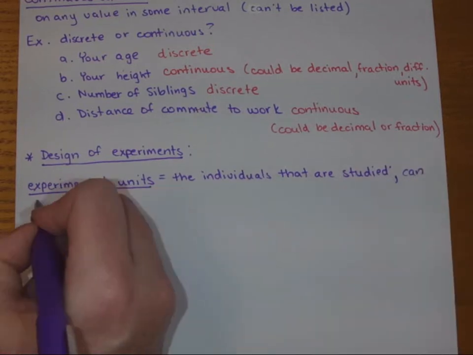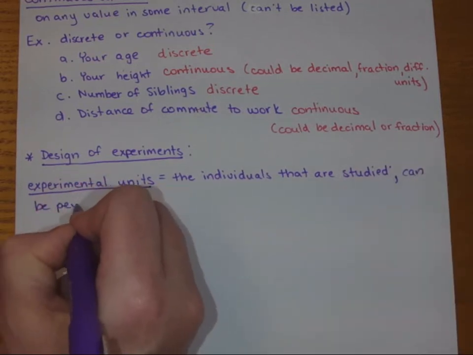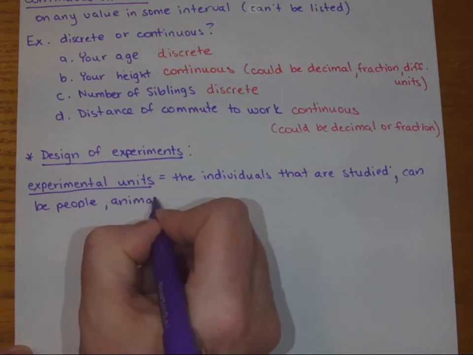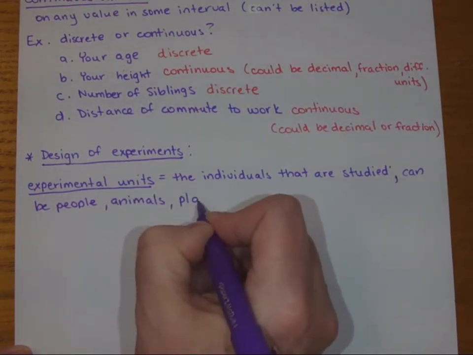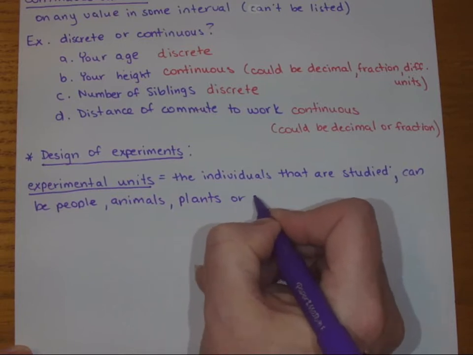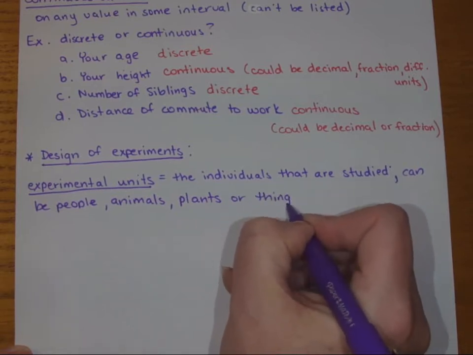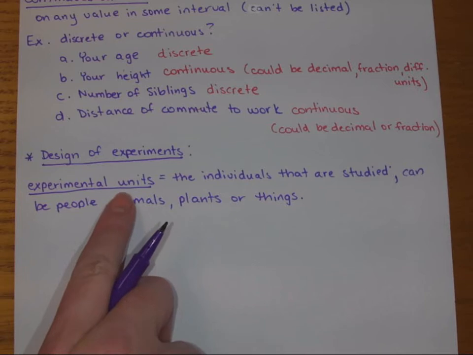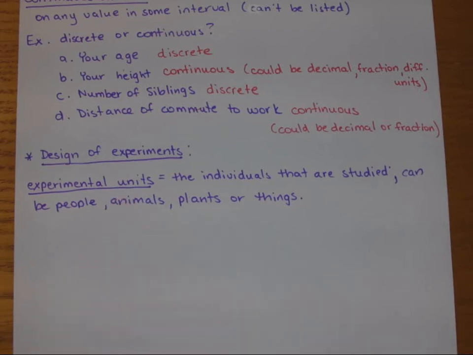It can be people, and often it is, but it could be animals, could be plants, could be things or items. So if you are working for a company, you might be measuring machine parts or something and coming up with what size manufacturing pieces you're coming up with. And so in that case, your experimental units might be the actual item you're taking measurements of.